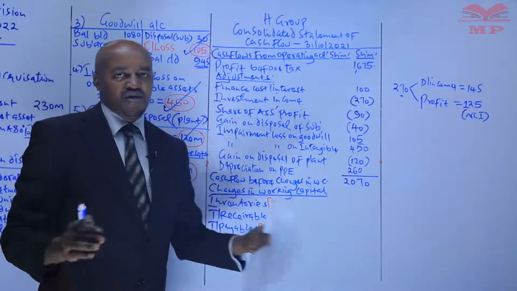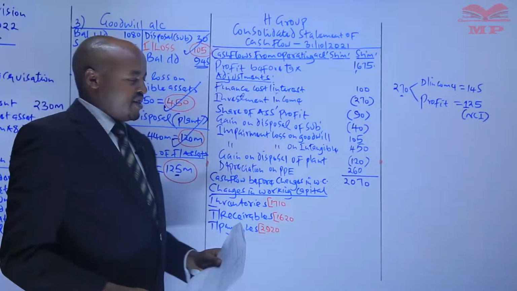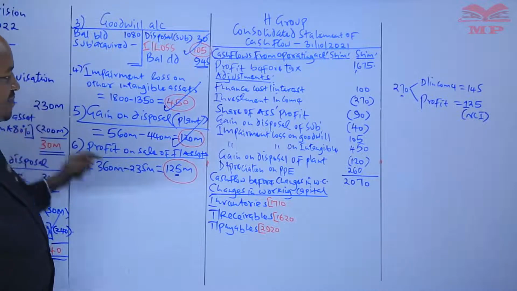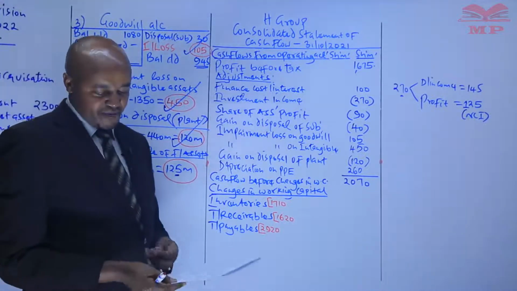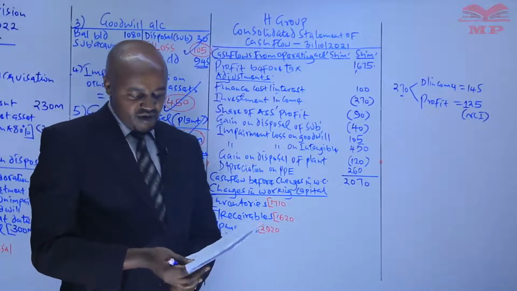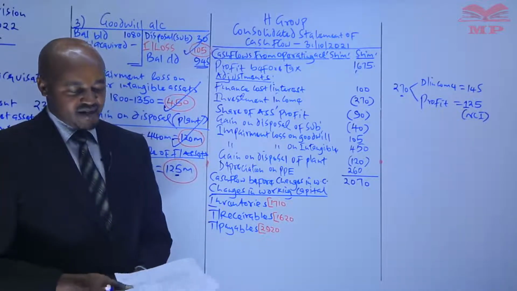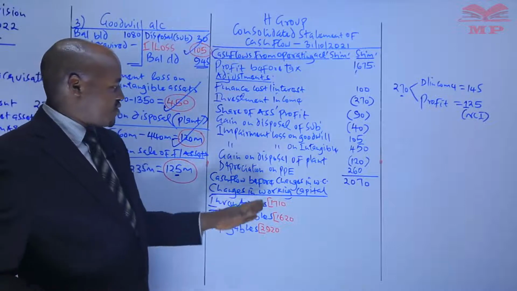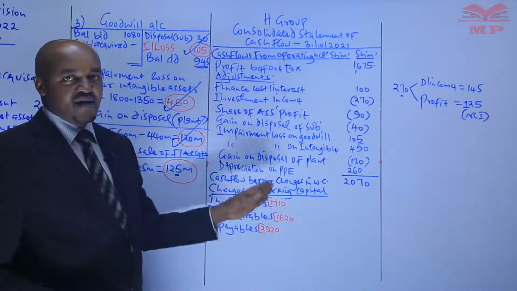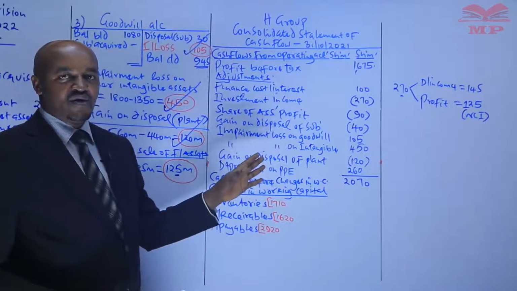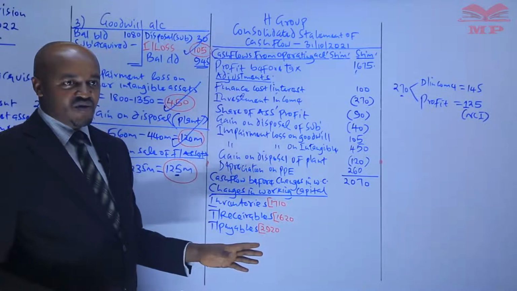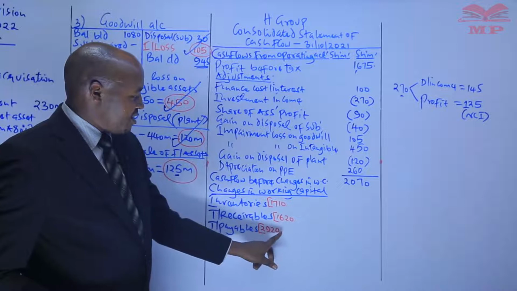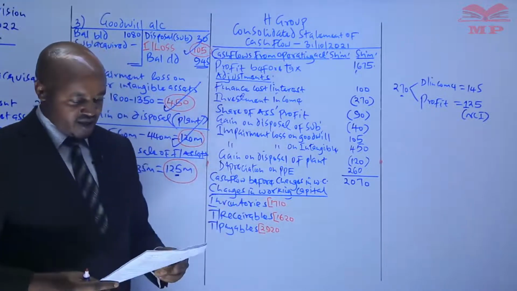Now, on the other hand, you also need to check whether during the current year there was a subsidiary which was acquired or disposed. In our case, we know that there was a disposal of a subsidiary. Remember, the parent company disposed a subsidiary. And because the assets and liabilities of that subsidiary were part of the assets and liabilities of the group, we need to list here the assets and liabilities of that subsidiary.